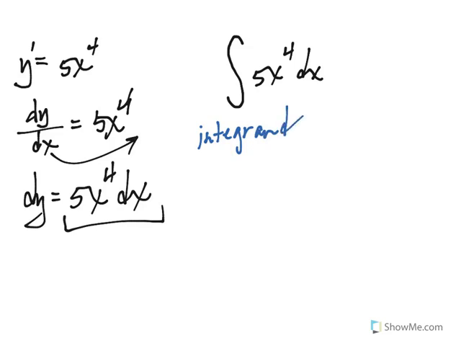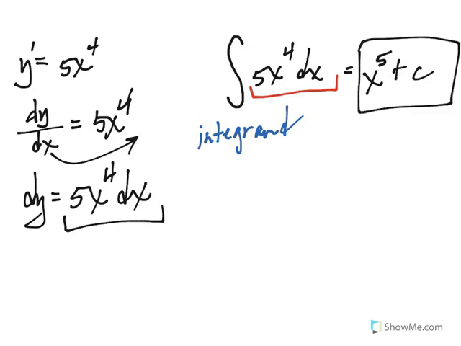And what it means is to find the antiderivative of what follows. And what follows is the derivative written in differential form. Now, when you write the answer, you're going to be telling me that it's x to the fifth plus the constant of integration c, and that is your answer.